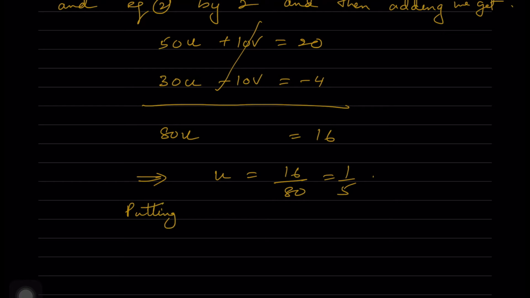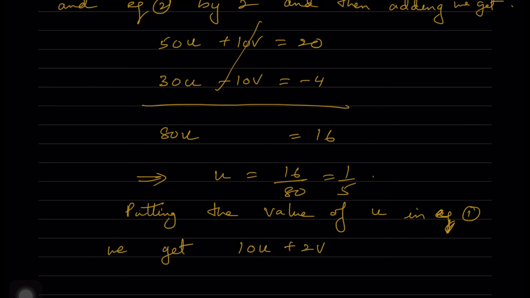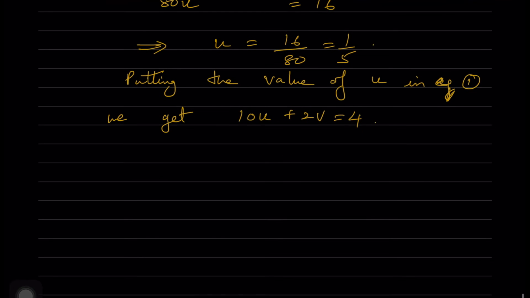So now putting this value of u in equation 1, we get 10 into 1 by 5 plus 2v is equal to 4. So from this we get the value of v.